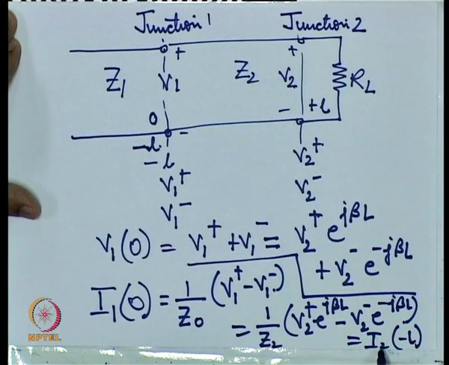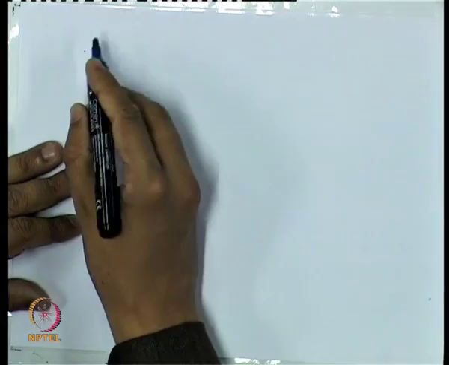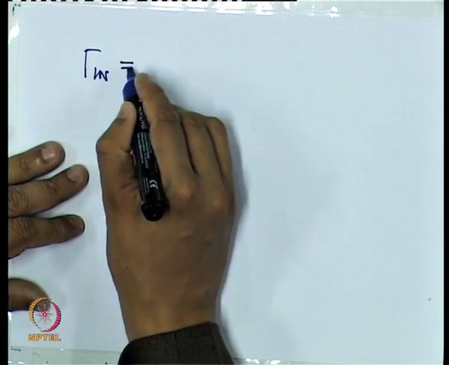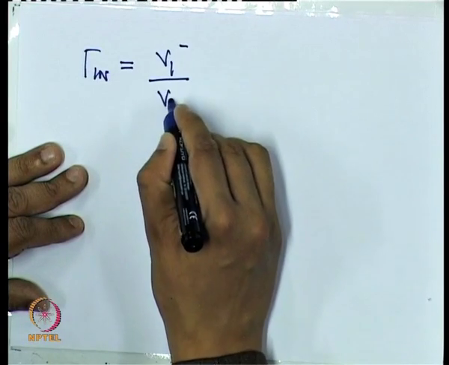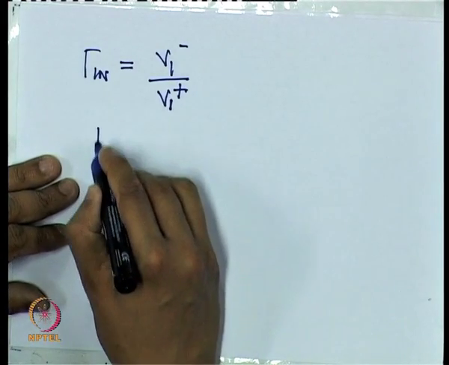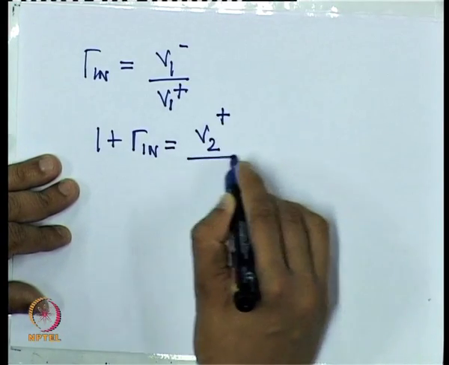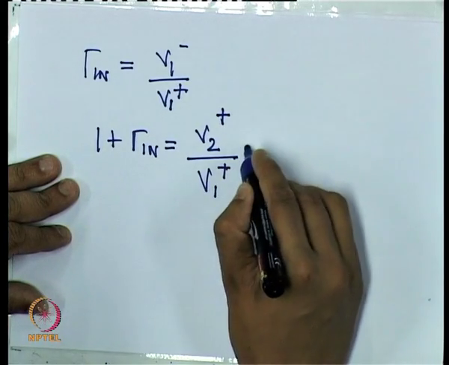So I1 of 0 is I2 of minus L with appropriate coordinate transformations, and then gamma in, which is defined as V1 minus upon V1 plus, with this definition we can write 1 plus gamma in is equal to V2 plus upon V1 plus.